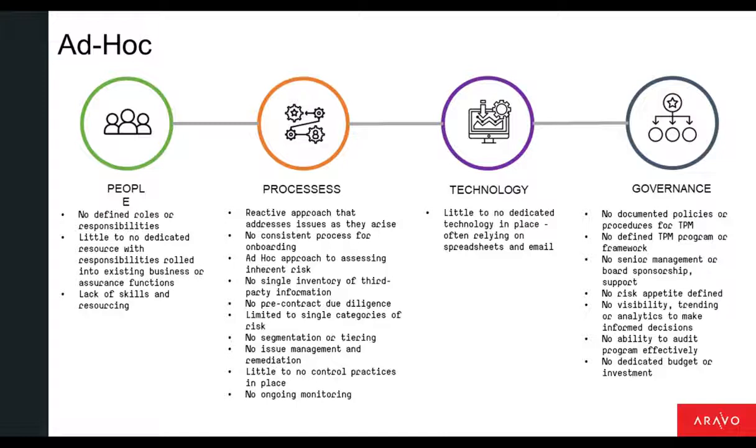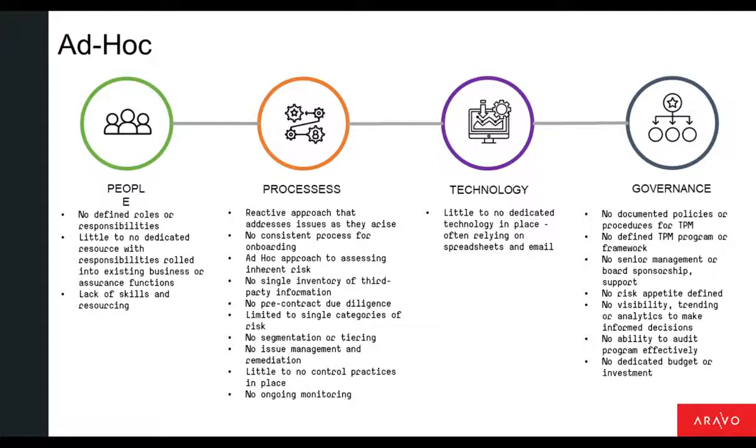There's no consistency in terms of what's being done. Someone may do attestations or assessments in the form of a few questions that were sent to a third party via email and an Excel sheet because someone in the compliance department told them to. And there's no true review and assessment or process or governance associated with that.